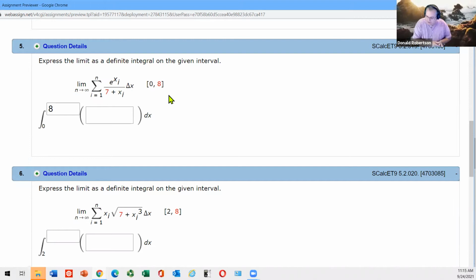Now, the one we did yesterday was an uglier version. Remember, instead of delta x, we used b minus a over n, right? And all that kind of thing. But everything you need to know is here. This bit here with all the xi's in it. And let me write something down that one of the students in the other class noticed and I didn't.